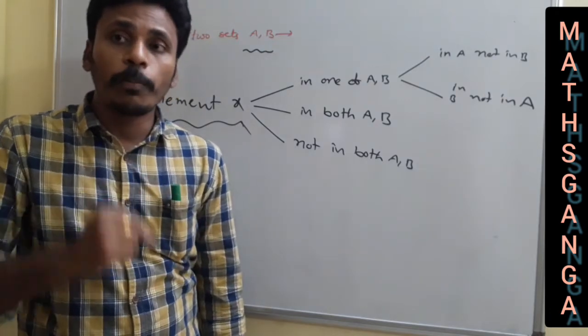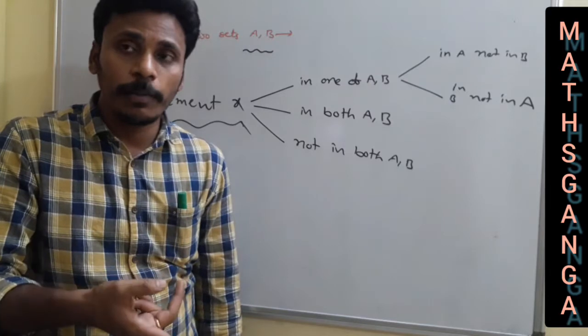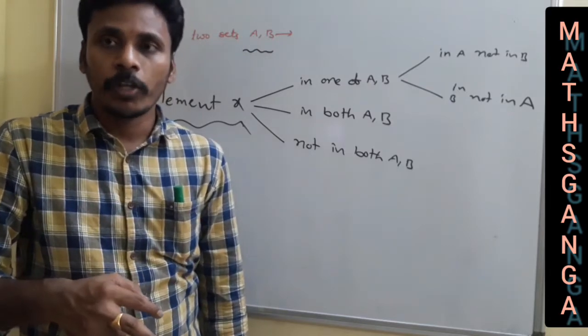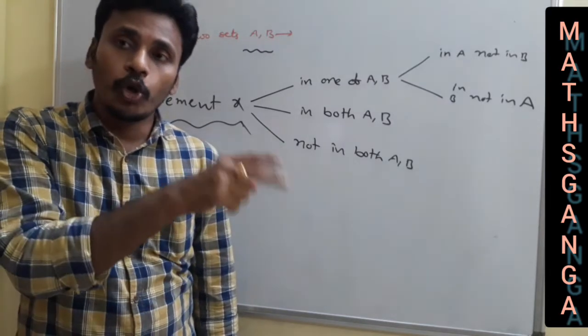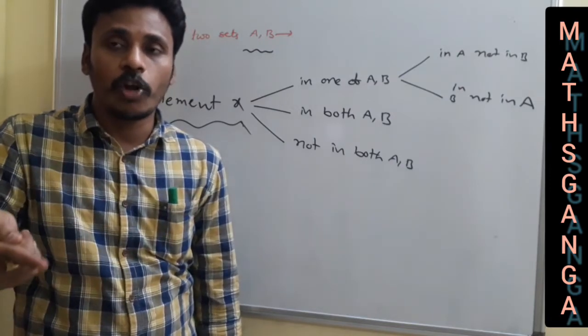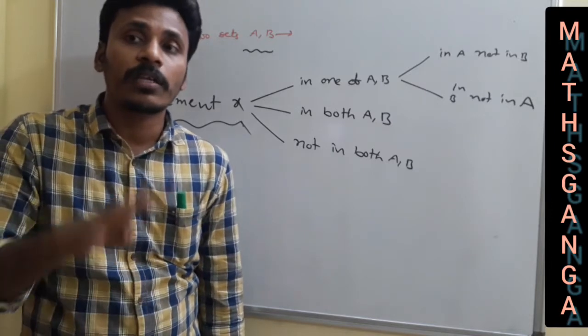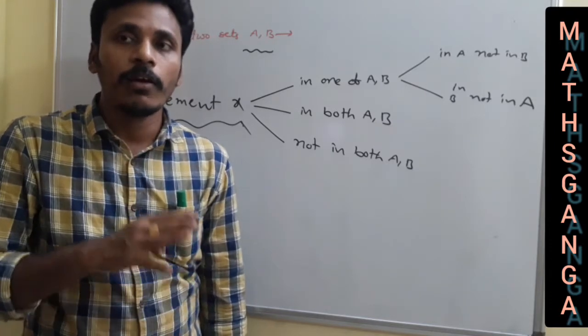Then related to B, again the element x has 2 possibilities: may be in B, may not be in B. If you combine these 2 possibilities, in A, not in A, and in B, not in B, when you count all these things, they come under how many possibilities? 4 possibilities.